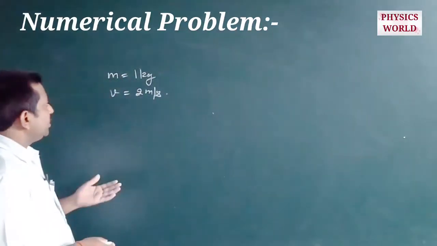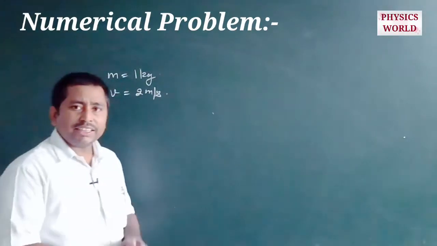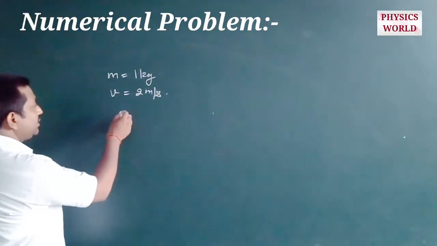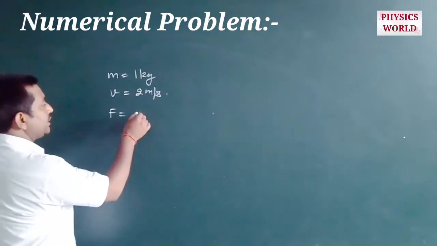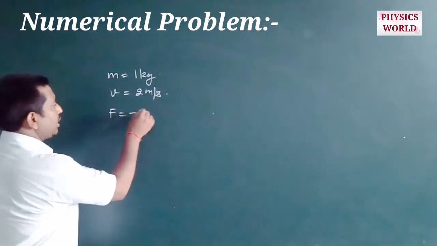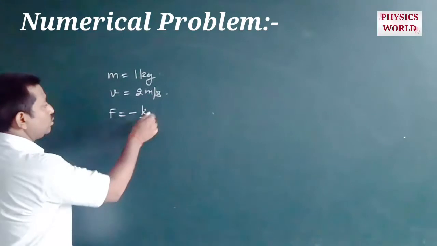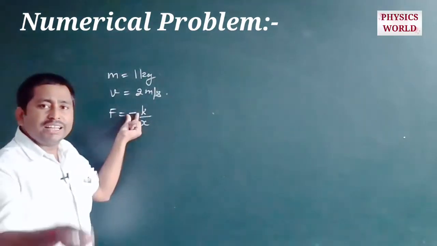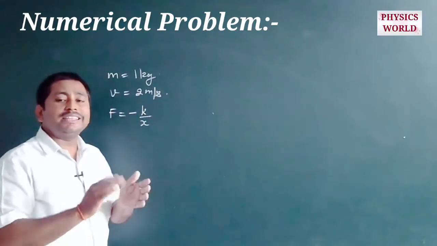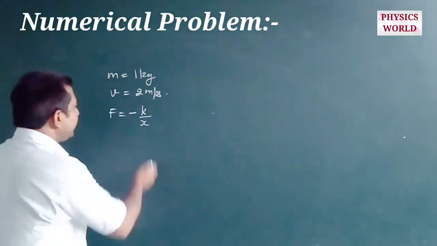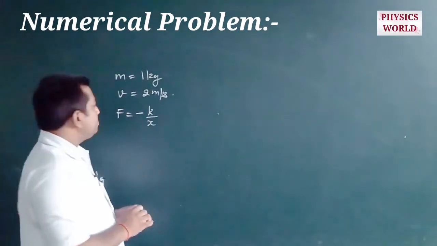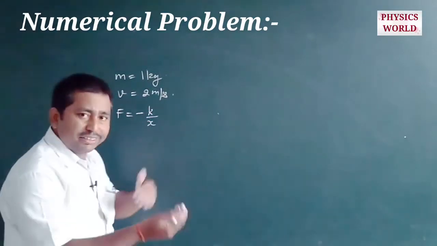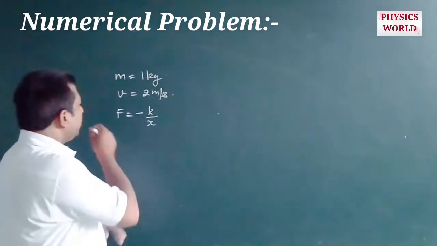The resistive force acting on that object is represented by a particular formula, that is F equal to minus k by x. Here the negative sign indicates that the force is resistive in nature, and as we go in the direction of the object, the value of the force decreases.